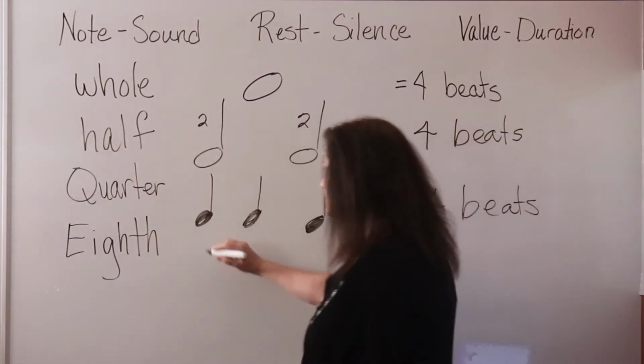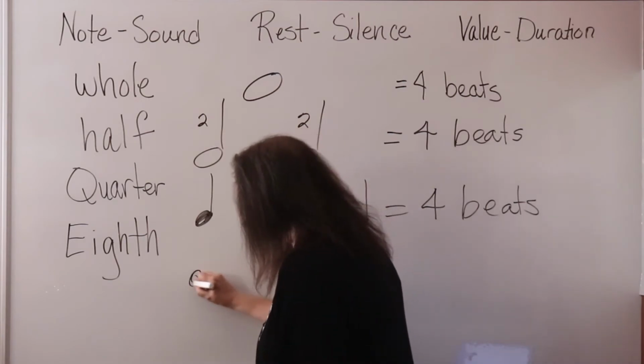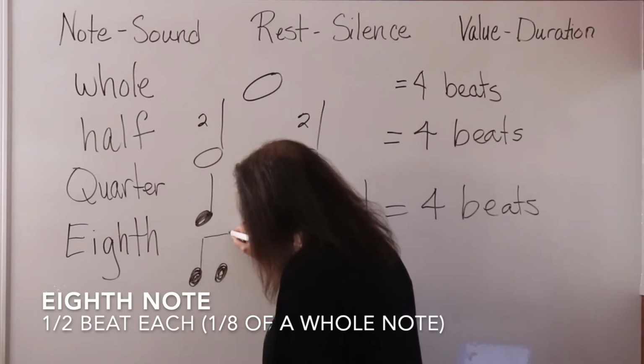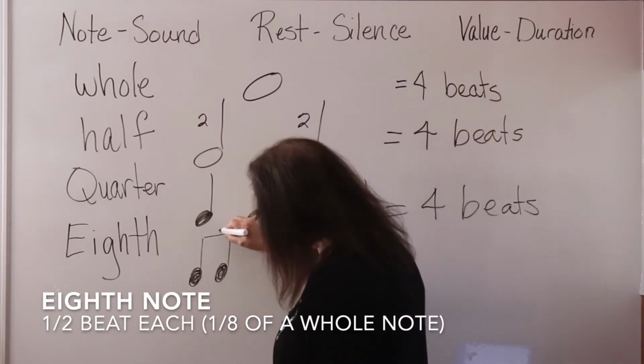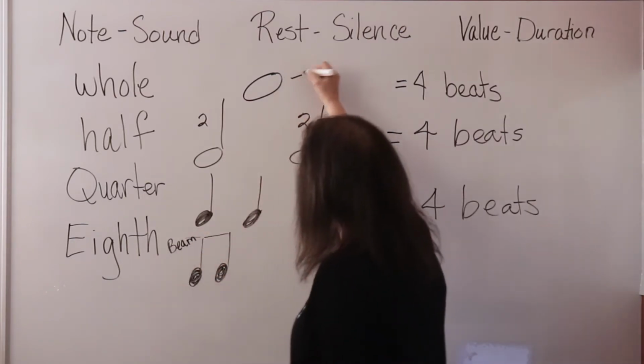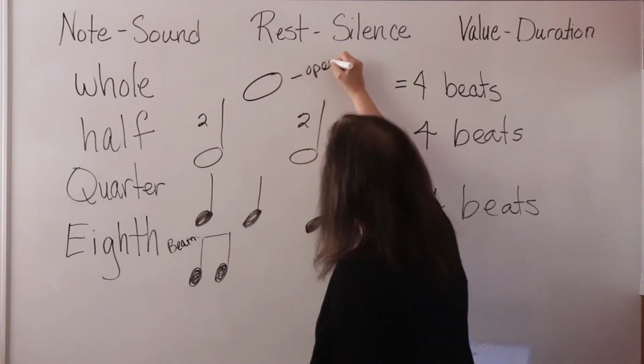And an eighth note is exactly like the quarter, only we have 2 of them together, and they're represented connected by what we call a beam. This is a beam, B-E-A-M. So we have the note head. This is an open note head.